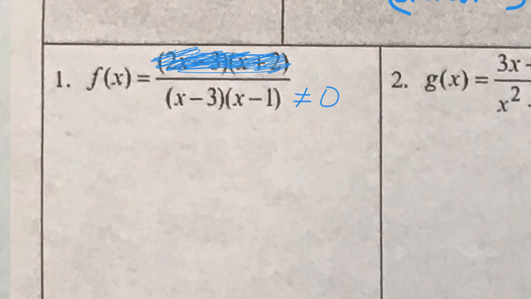Okay, and you set it not equal to because we're trying to exclude it. We can have any x value except for the x's that make your denominator 0. So we're using the not equal to symbol in order to remind us that we are looking for exclusions. What numbers do we have to keep out? Not what numbers are we going to include, but what numbers do we have to keep out?